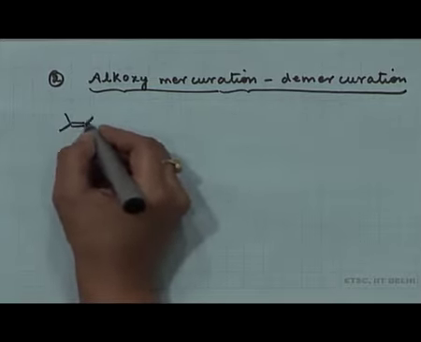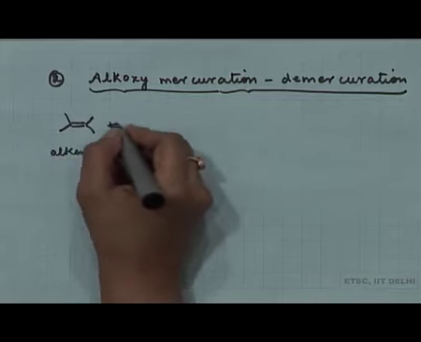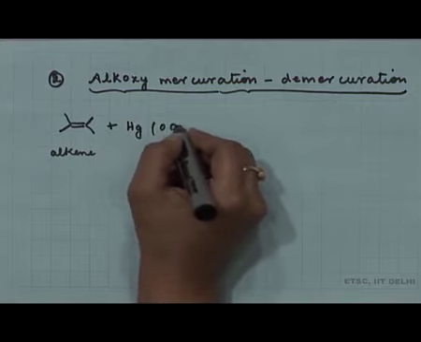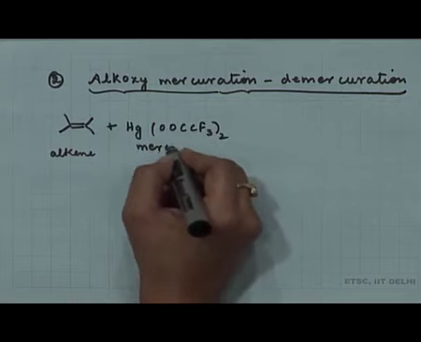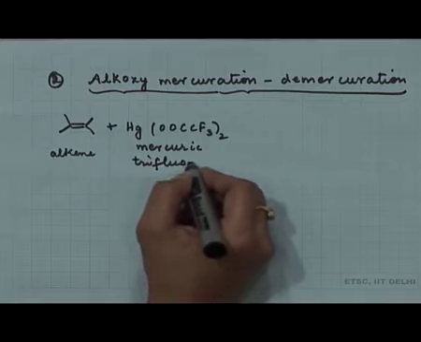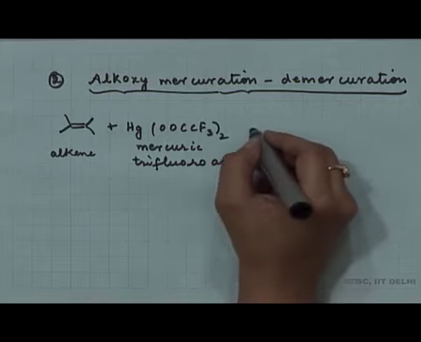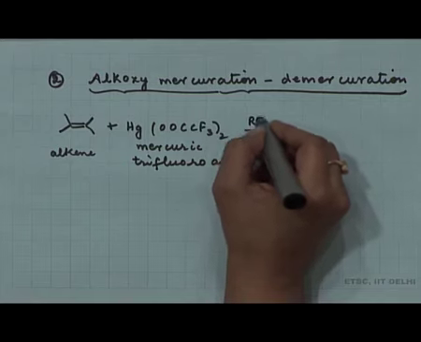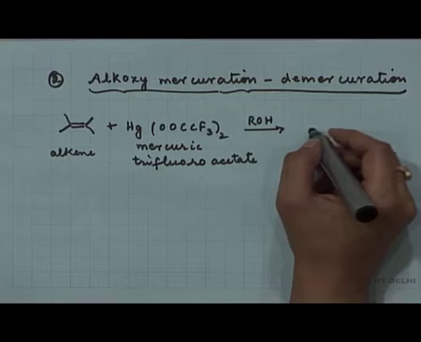The starting material is the same, you start with an alkene and you treat it with the mercury salt, which is mercuric trifluoroacetate, and this is happening in presence of alcohol as one of the reagents.